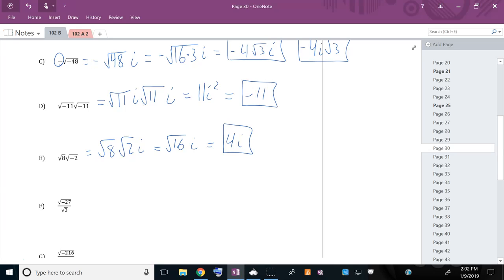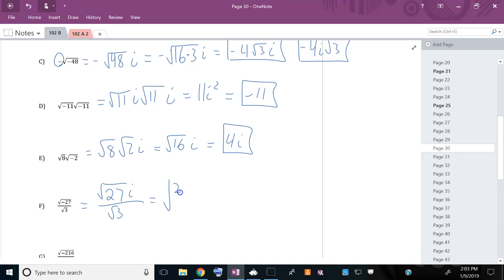For division, once again, let's first rewrite. So I get the square root of +27 times i over root 3. Now, we don't like to have a square root in the denominator of our final answer. There's a number of different ways you can rewrite to simplify.